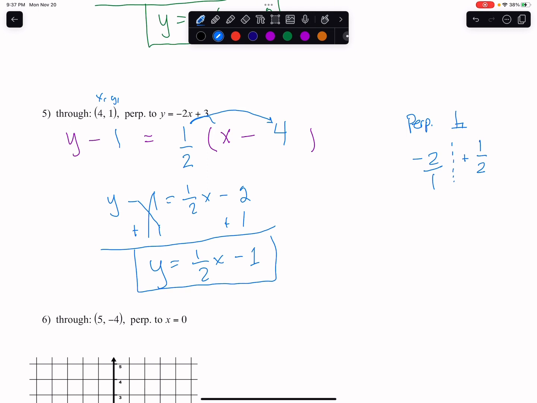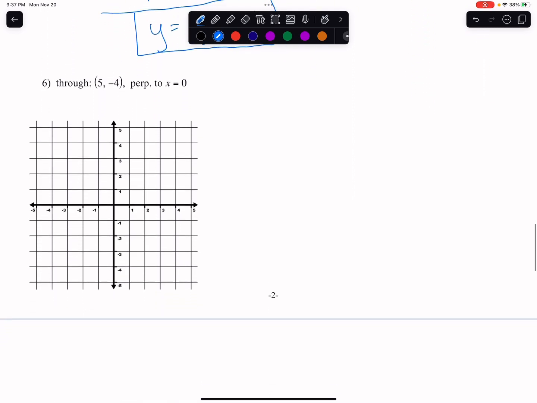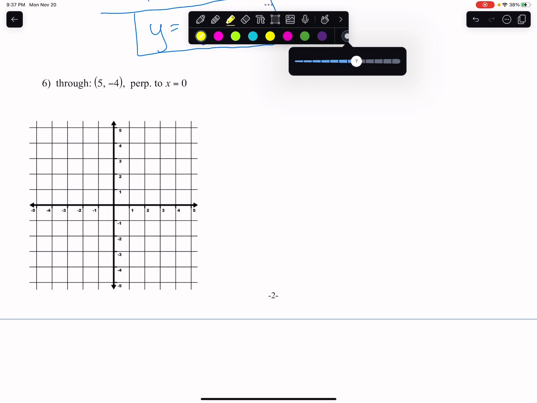Okay, now finally, we have to write the equation that goes through 5, negative 4, but perpendicular to x equals 0. So let's go ahead and look at the x equals 0 graph again. Let's make this a little bit bigger. So x equals 0 was this one, straight up and down.